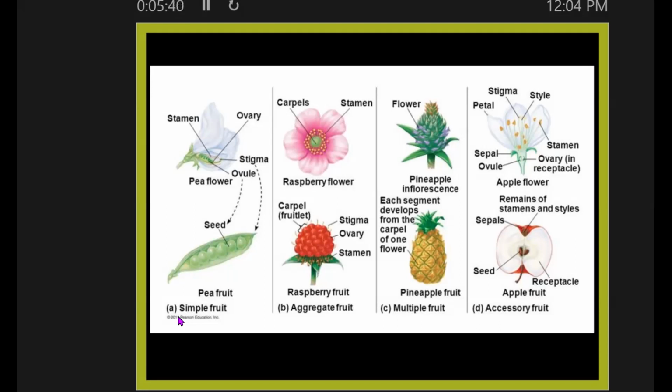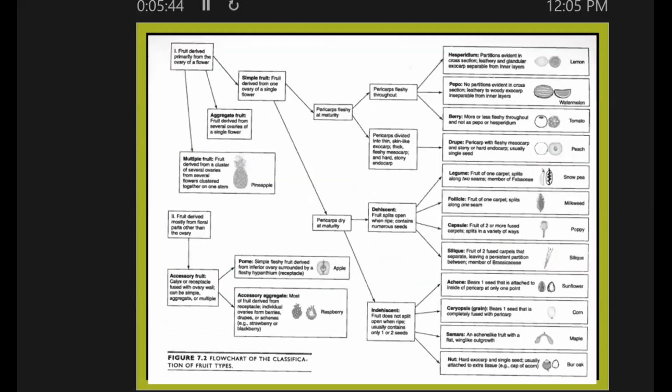And then today in lab, what you're going to do is work through this flowchart or dichotomy to look at fruit that you'll be examining, and you'll be cutting it open and looking inside, looking at where the seeds are. As far as what you need to know for the exam, it's more of the big picture ideas.